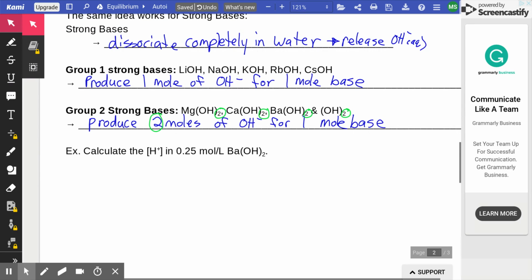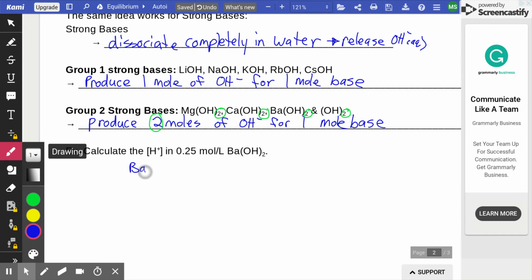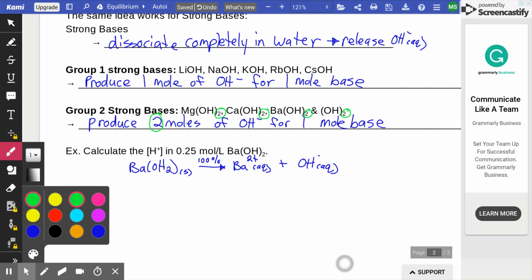We know that our barium hydroxide, which is a solid, is going to 100% ionize into a barium ion and hydroxide ions, except we know there's a 2 here, so it's actually 2 hydroxide ions.